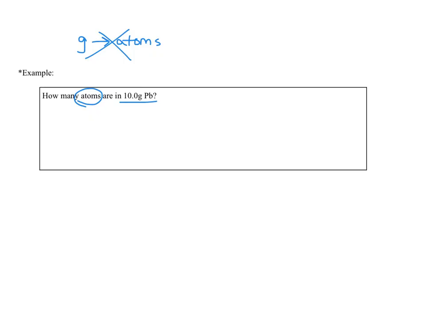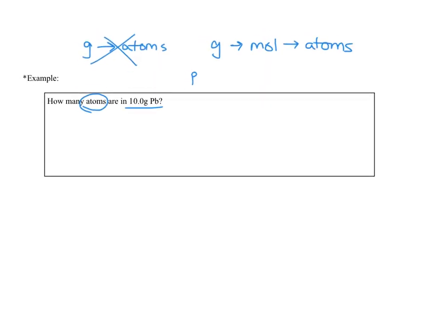So what we have to do instead is we have to go from grams to moles to atoms in 2 conversion factors, and we're going to set that up with our dimensional analysis. So first of all, if we find lead on the periodic table, the molar mass for lead is 207.2 grams per mole.